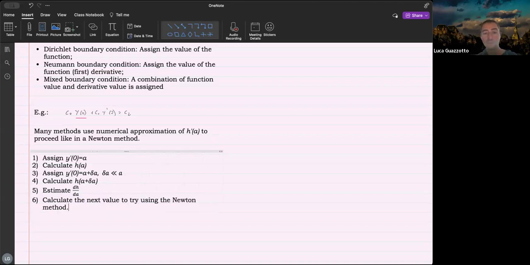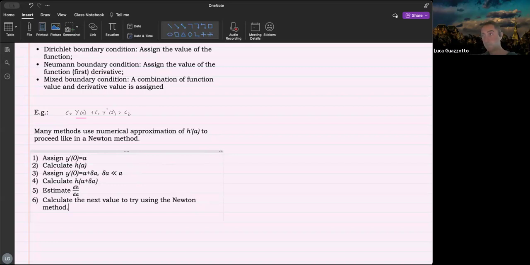Okay, that's what I do. I have the value of the function, I have the value of the derivative. Then I can use the Newton method to try to find the zero. So that's the natural logical process that you use for this type of problem.